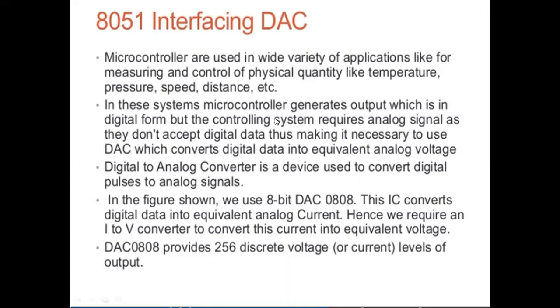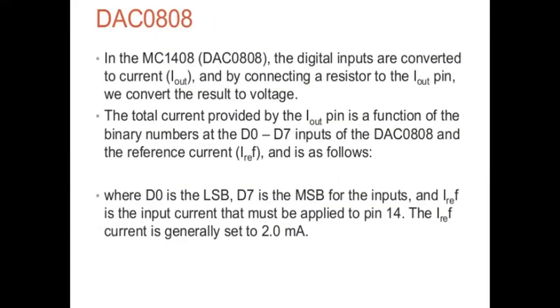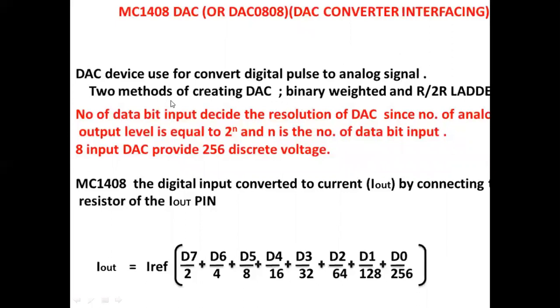This I2V converter, by using an op amp, will convert current to voltage. So if it is n-bit, you have 2 power n output levels. So this is the output voltage, you can calculate.